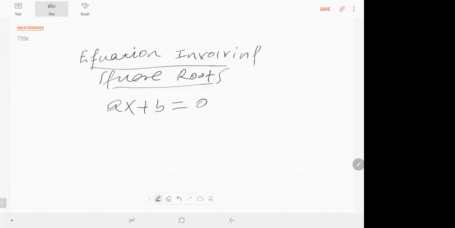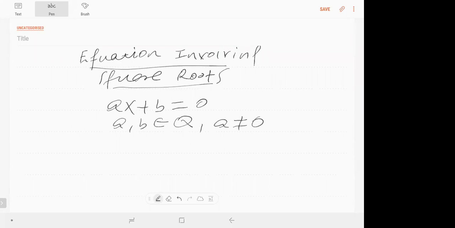There is a restriction: a and b are elements of the rational numbers, and also a must be different from 0. So any equation satisfying this condition is called a linear equation.